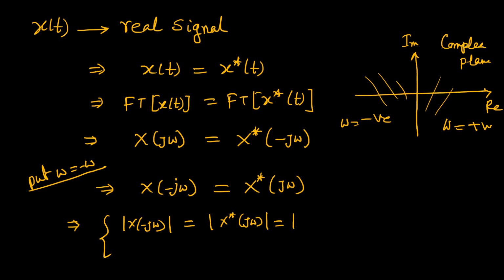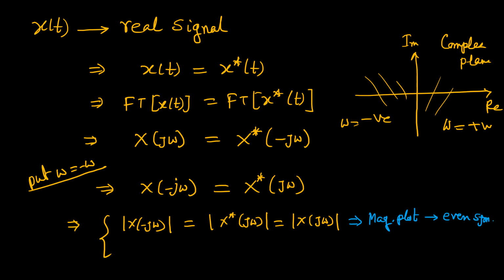So it is the same as the absolute value of X of j omega. So this implies the magnitude plot is an even function, even symmetry, right?